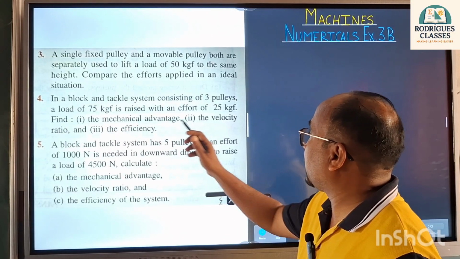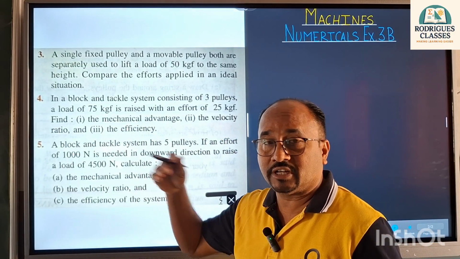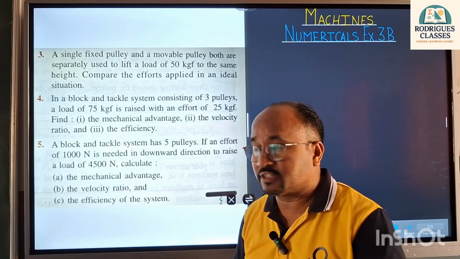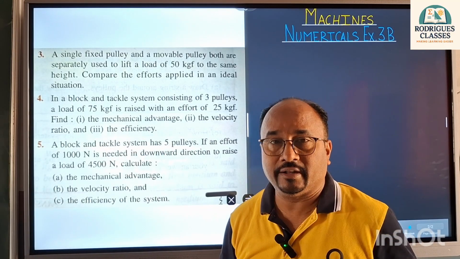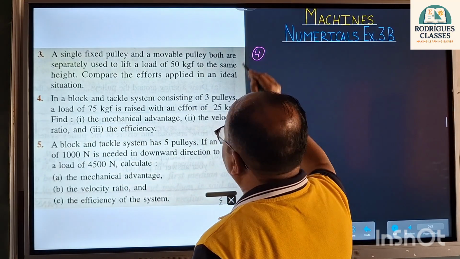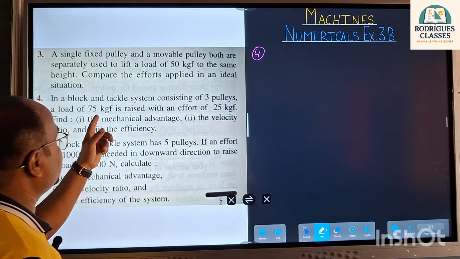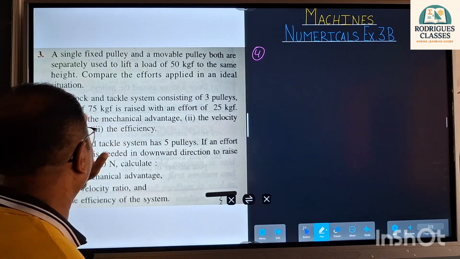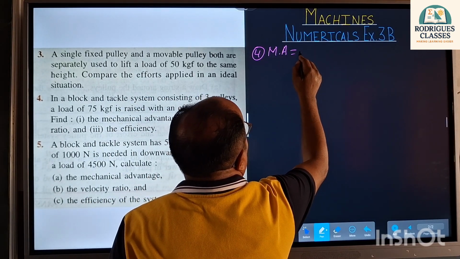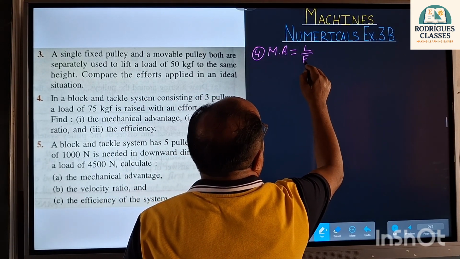We have to find the mechanical advantage, the velocity ratio we can write directly what it will be for block and tackle system with 3 pulleys, and then we have to find the efficiency. A very simple sum. So let us do it. So load is 75, effort is 25. We need to find the mechanical advantage. So that is load by effort.